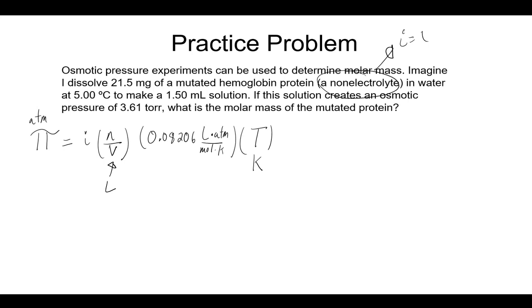The pressure here, well, I read through, I'm told osmotic pressure 3.61 torr. I know there's 760 torr in an atmosphere, so I divide by that amount to get this into atmospheres. I have to do the same thing, of course, for my volume. So this is my pressure here, and this should come out to be 0.00475 atmospheres.